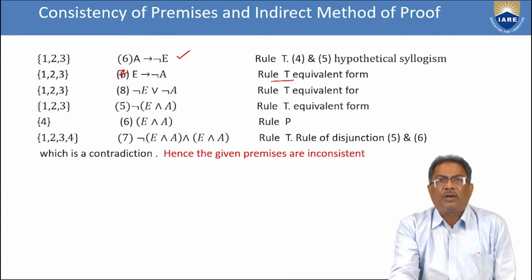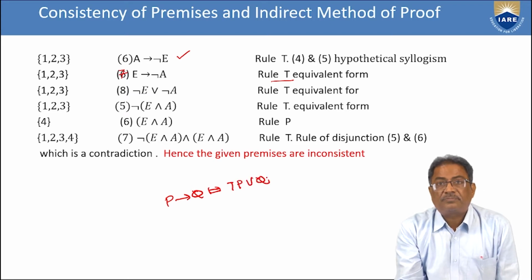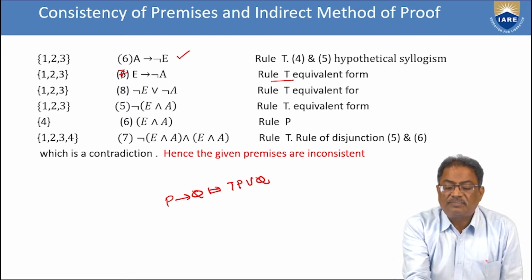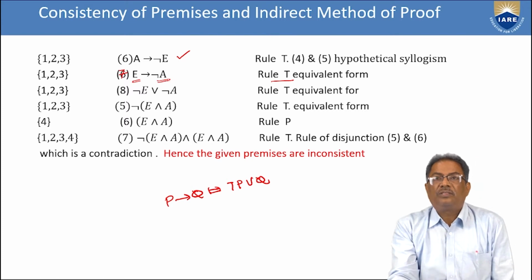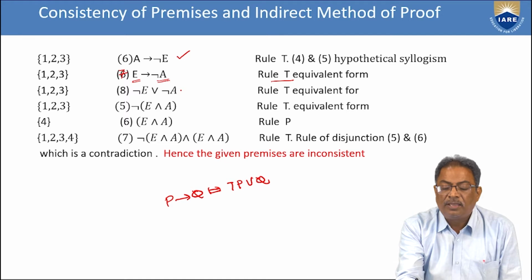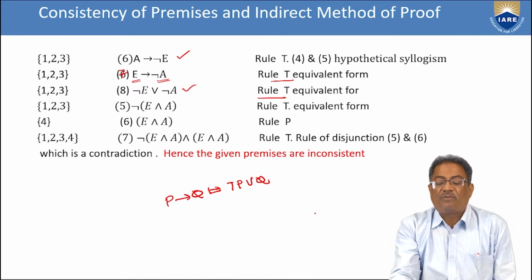Then once again, if P then Q is equivalent to negation P or Q. Based on this, P is equal to E and Q is equal to negation A. So we write negation P or Q. Here also we consider the equivalent form.